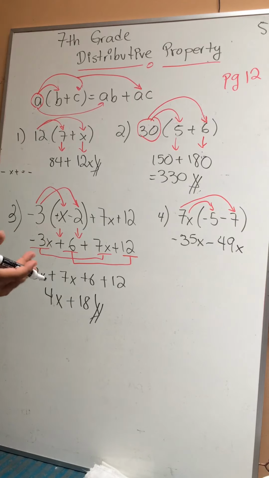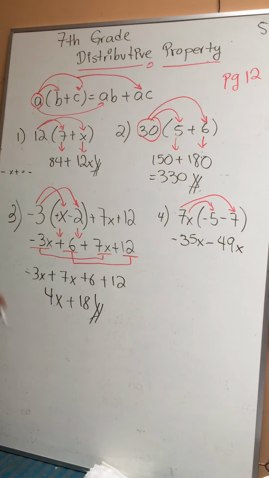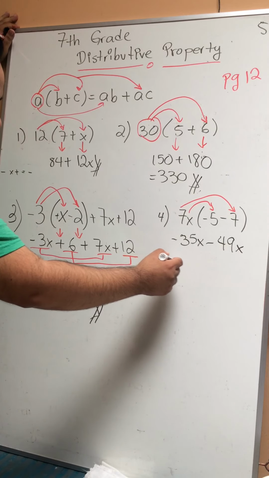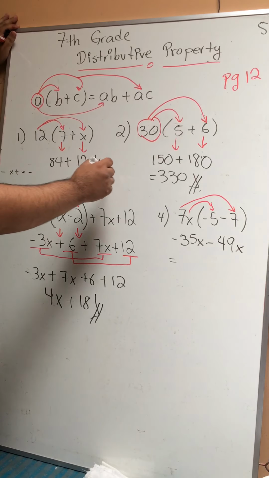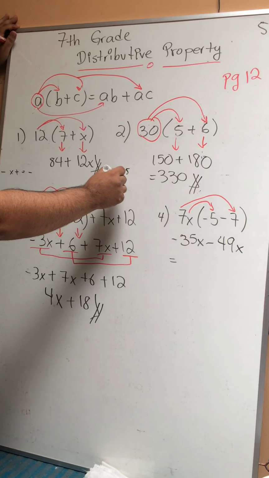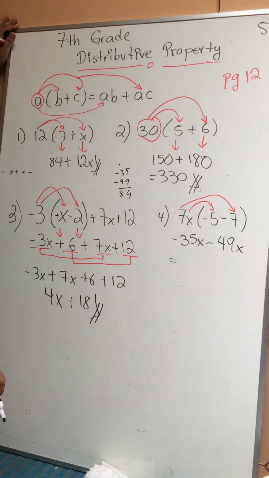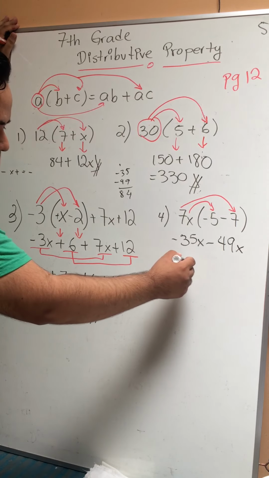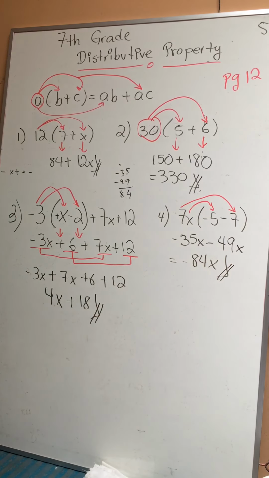Since they both have a variable, we can add them together. Both are negatives, so we add them and the answer is negative: minus 35 minus 49, that would be 84. So we have minus 84x, and that is the answer.